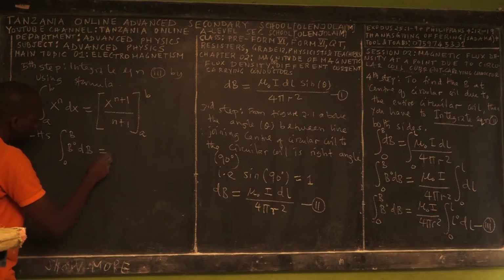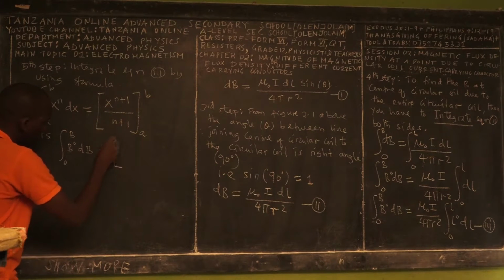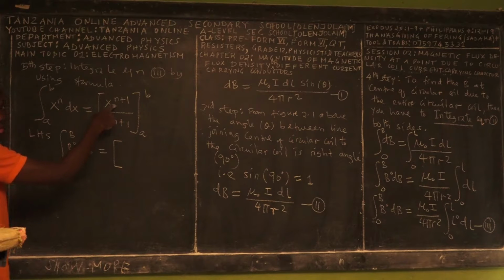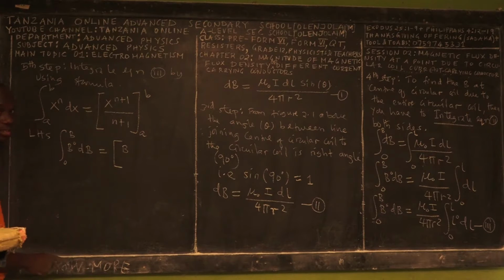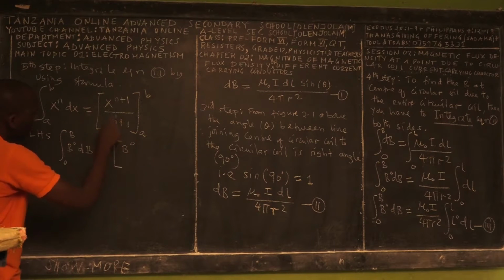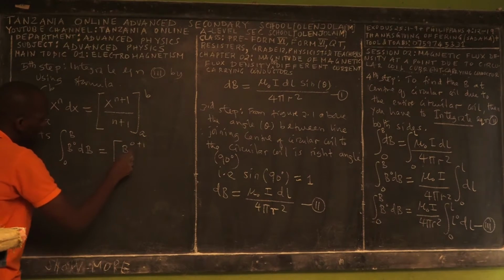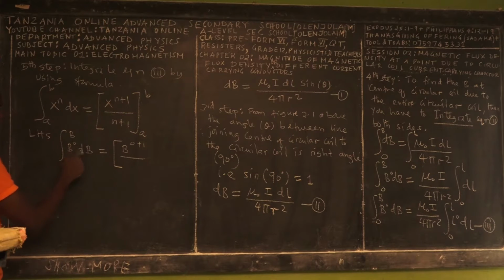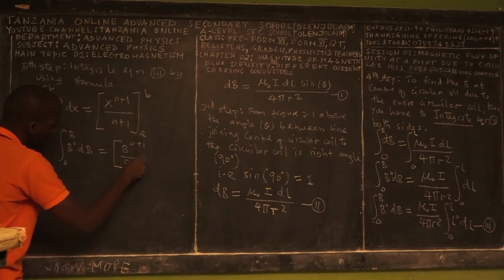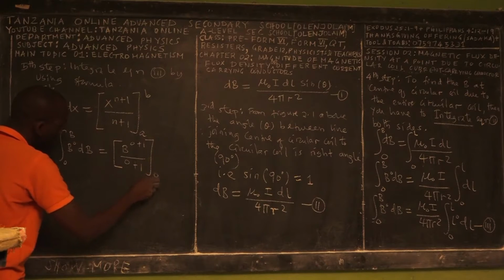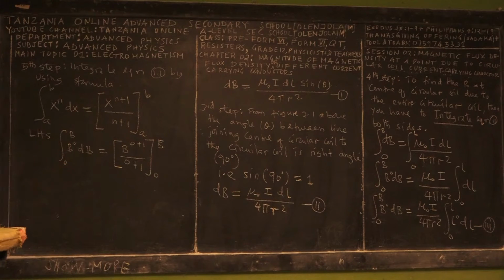So the next step now, what are we going to find? The answer is this one. x power n. So what is x? Magnetic flux density. What is n? Power 0. Plus what? Plus 1. Over what? n, what is n? 0. Plus what? Plus 1. And what is the lower limit? 0. Upper limit, magnetic flux density.